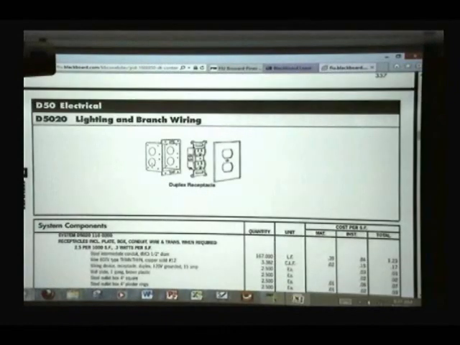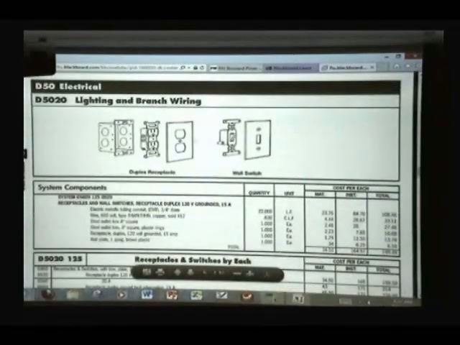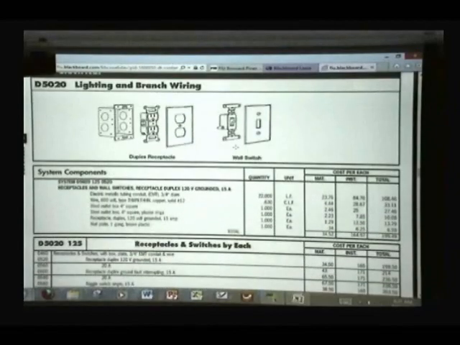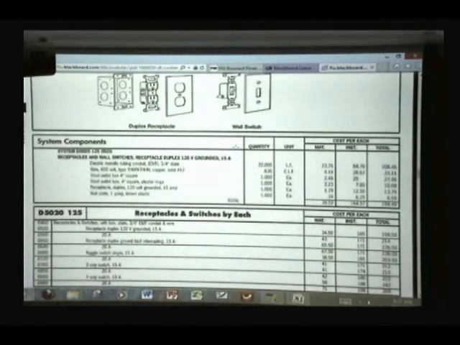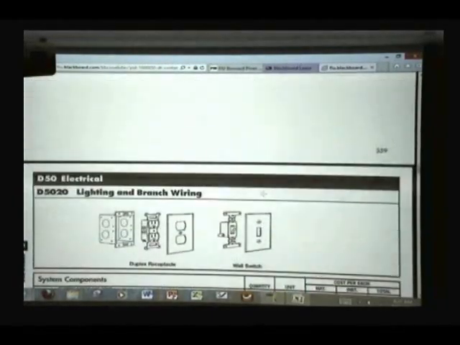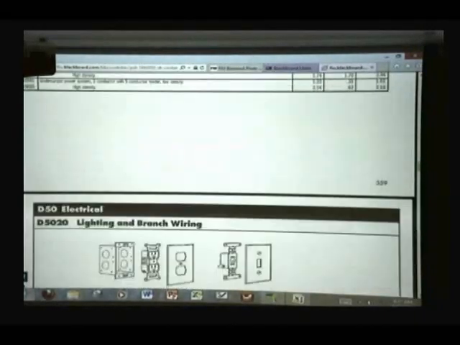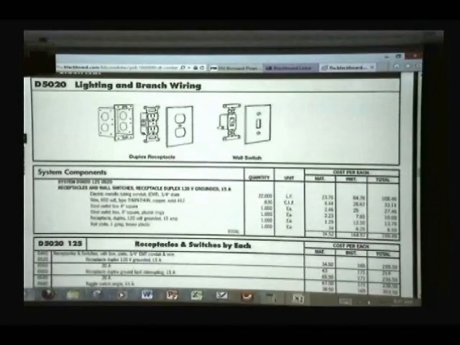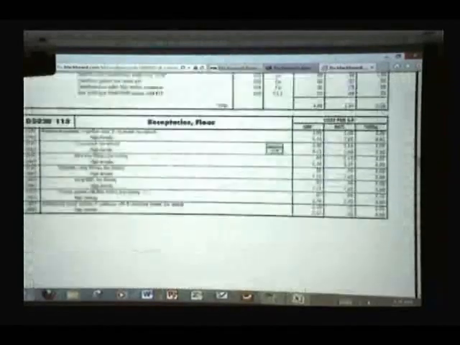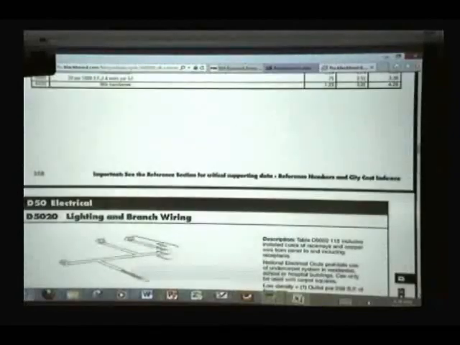This is just the first portion of the table. It's just the receptacles. The second portion is receptacles and switches, which includes both. The difference is that the first one gives us a cost per square feet, and the second one gives us a cost each. So you have a couple of options here.